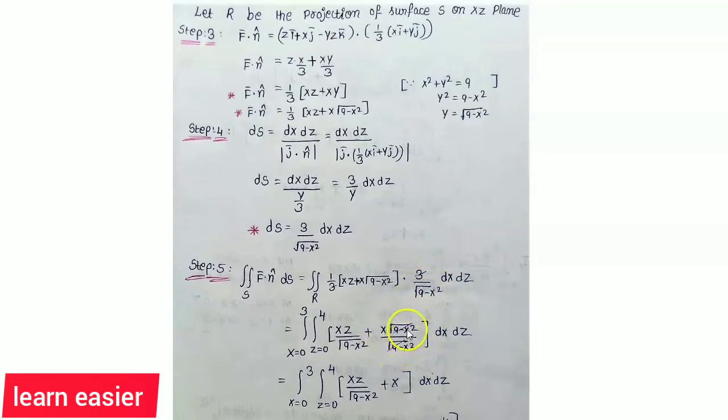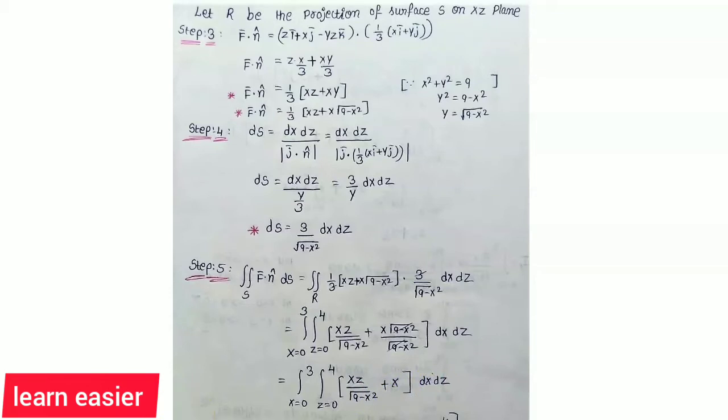So finally we got x into square root of 9 minus x square by square root of 9 minus x square. Here square root of 9 minus x square and square root of 9 minus x square both are cancelled out, so we get only x here. Now we have to integrate xz by square root of 9 minus x square plus x with respect to dx and with respect to dz.